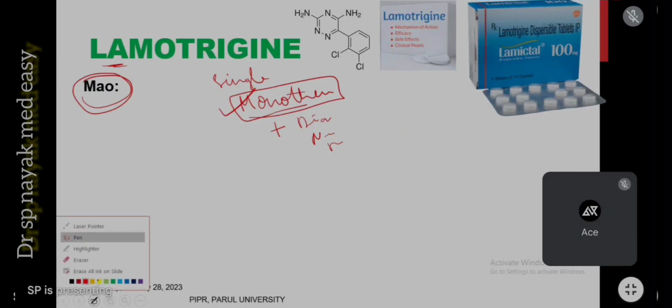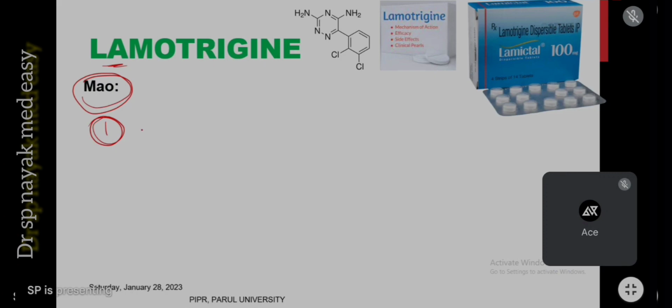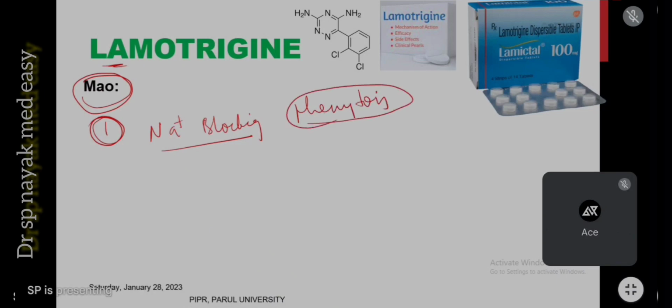Next, I want to explain the Lamotrigine mechanism. Very important. It has three to four mechanisms. The first mechanism of Lamotrigine is a sodium blocking effect, the same as phenytoin. Lamotrigine will delay or decrease the entry of sodium into the presynaptic nerves.